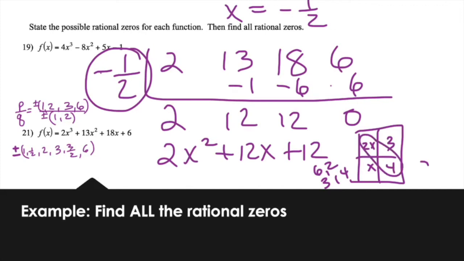This is going to give us 8x and 3x. That's 11. That's really close, but not what we want. Let's switch the 3 and 4. I'm going to get 6x and 4x. So it's going to give us 10x. It's still not going to work. So it looks like this doesn't factor. So our only answer is x equals negative 1/2.